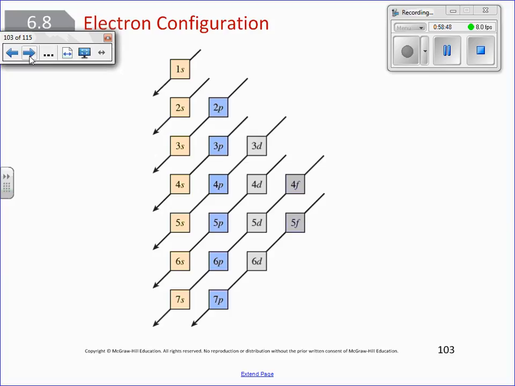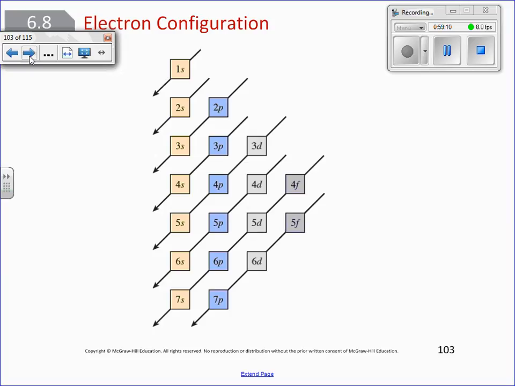Which s? What's it say? 1s. How many can I put in s? 2. Okay, that's done. Now what's the next one? Follow the line. 2s. How many can I put in?